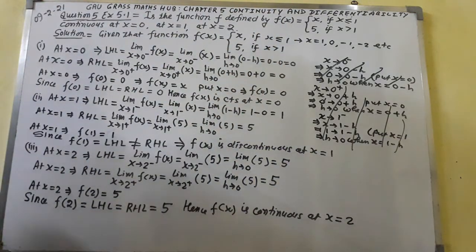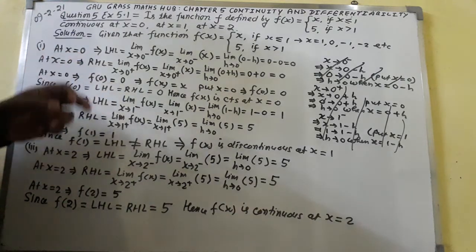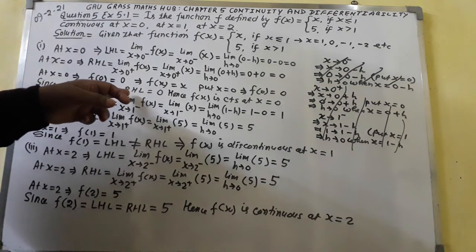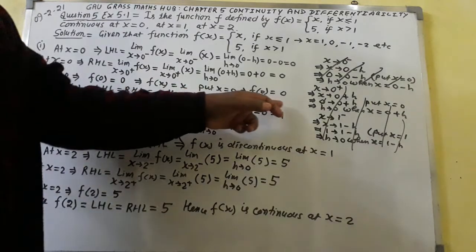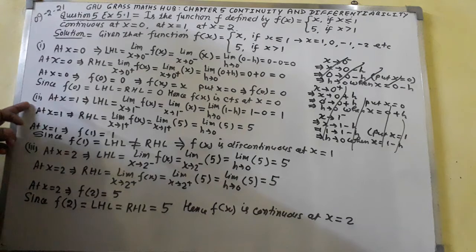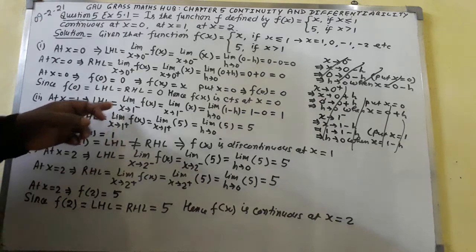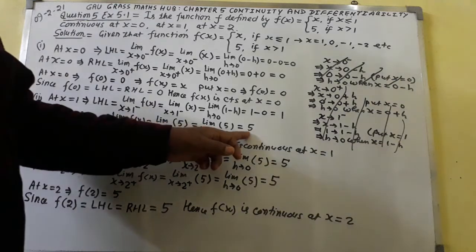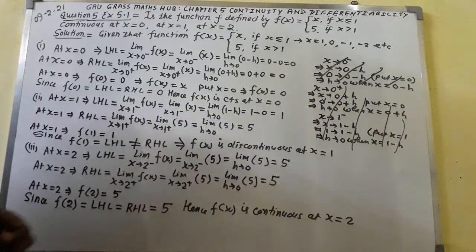So you have got 3 cases. Case number 1 I have explained: at x equal to 0, f of 0 equal to left hand limit equal to right hand limit comes out to be 0. That's why f of x is continuous at x equal to 0. In the second case I have taken x equal to 1, in which left hand limit comes out to 1 and right hand limit comes out to 5.